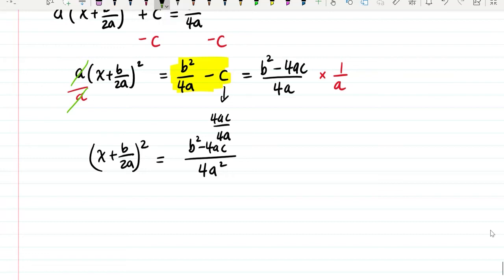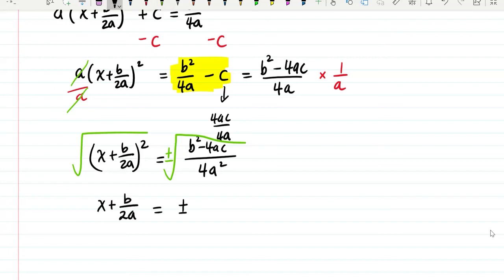Let's get rid of this square by taking the square root. We're going to put the plus minus sign in front of the radical. It will be x plus b over 2a is equal to plus minus square root of b squared minus 4ac over 4a squared.